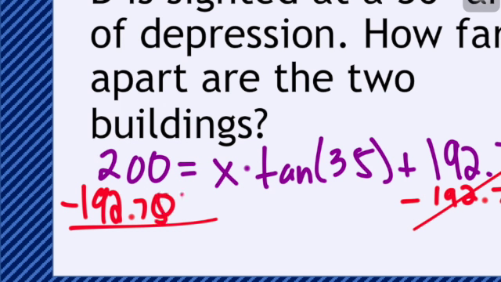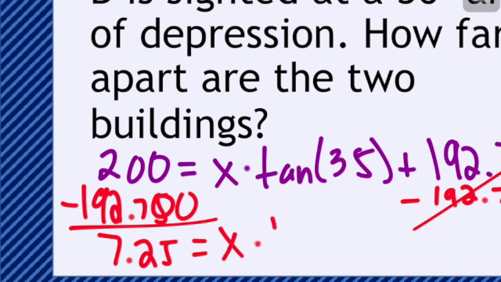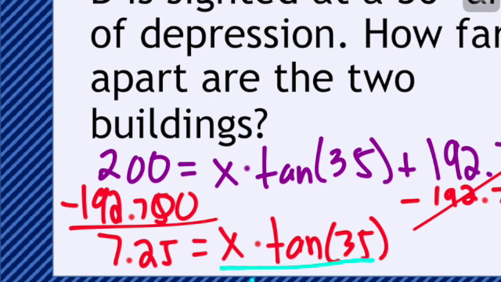Whoops, did that wrong. 200 minus 192.75. That gives me 7.25 is equal to x times the tangent of 35. And let's go ahead and divide by the tangent of 35 on each side.